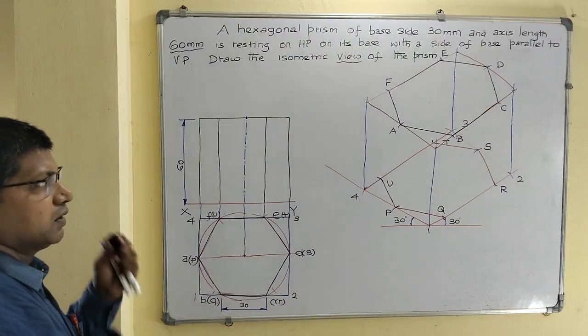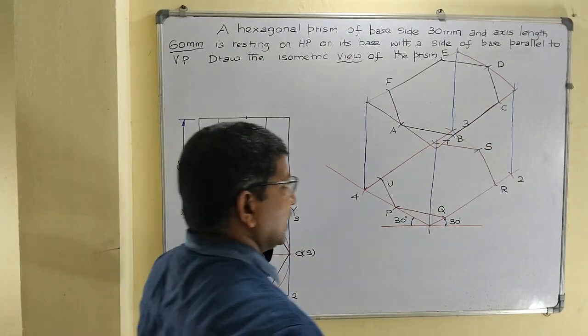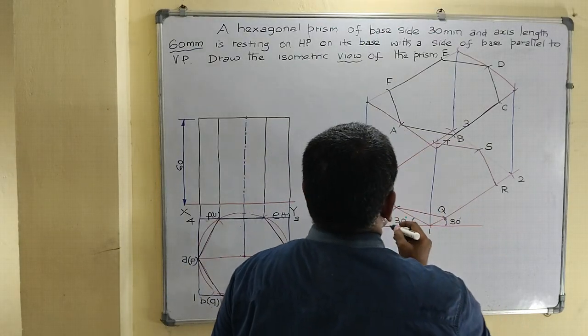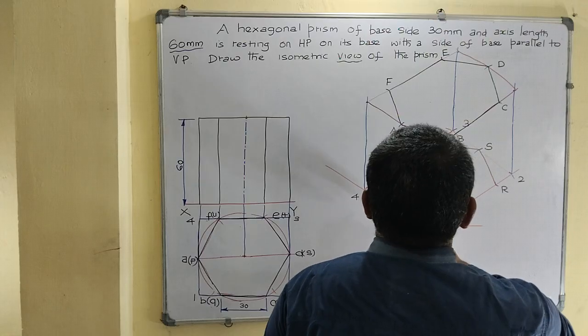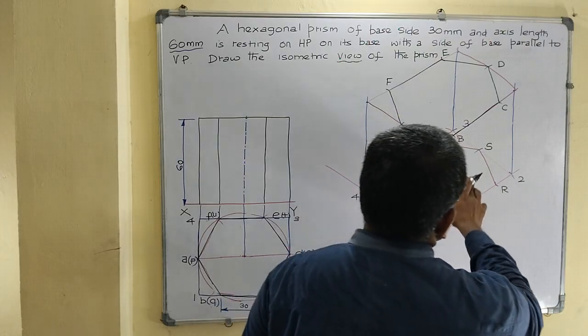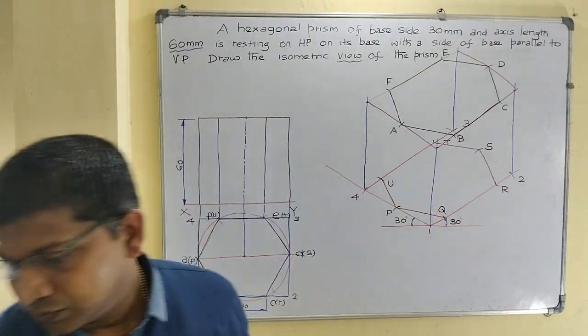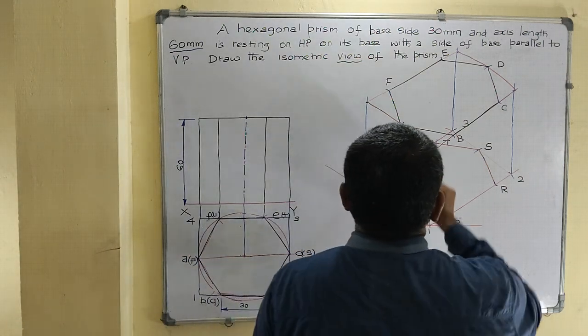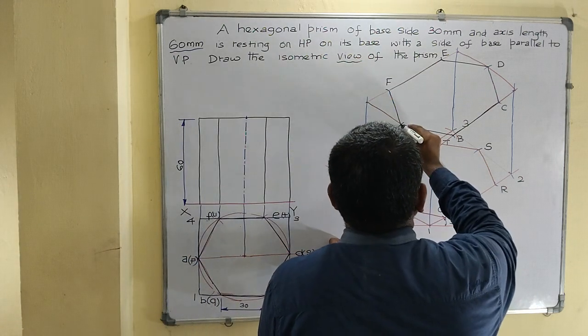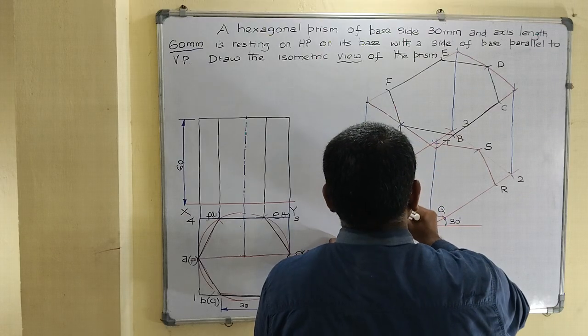See, in this case, the bottom edges UT, TS and SR are not visible. So no need to dark them by using H pencil.